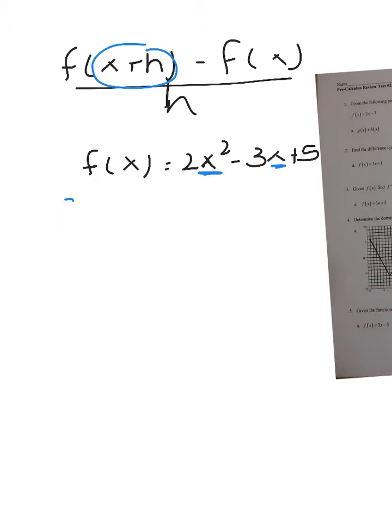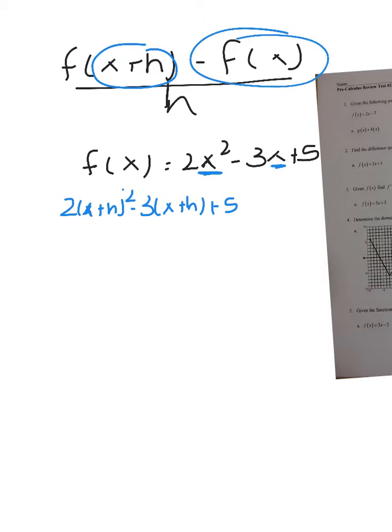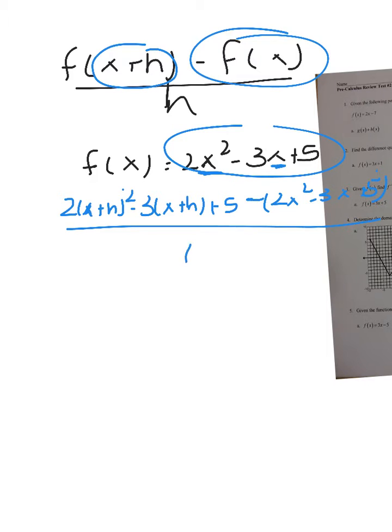So it's 2 times x plus h squared, minus 3 times x plus h, plus 5. Now I have minus f of x, so it's minus this whole thing, 2x squared minus 3x plus 5, all over h.